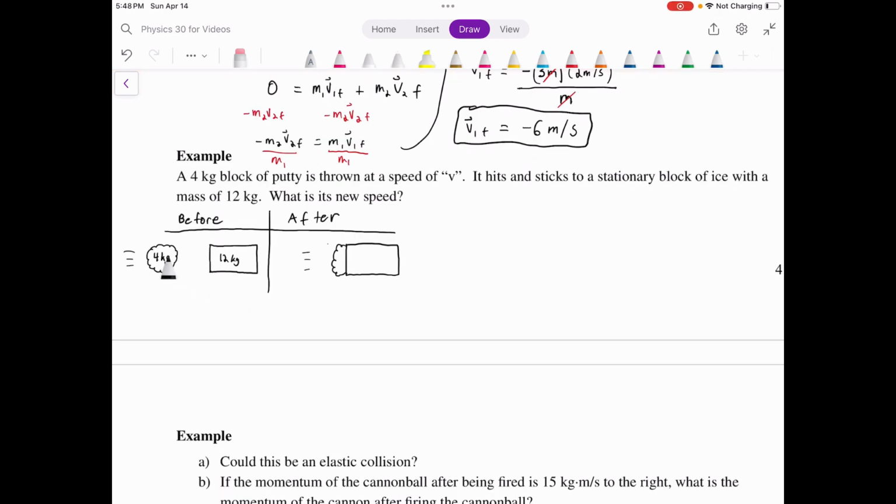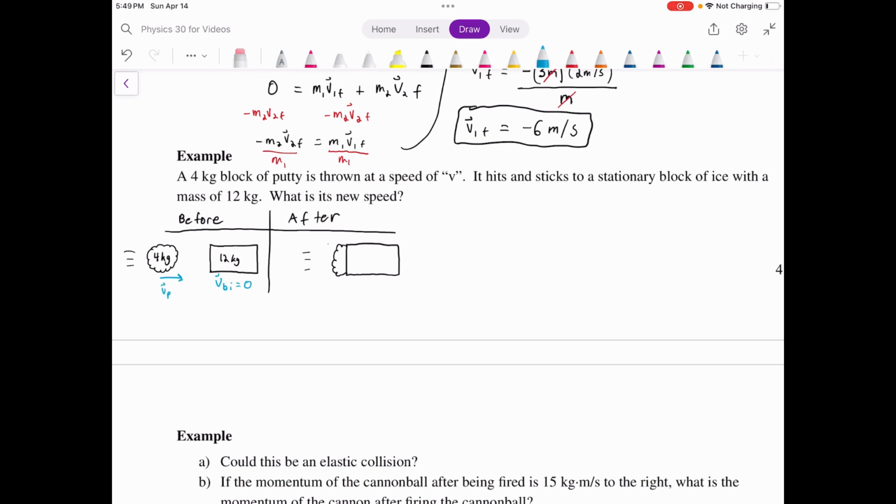So before, we've got this ball of putty being thrown at a speed of v, and it hits a stationary block of ice. So I'll say that v block initial is 0, and therefore its momentum is 0, so that's nice. Whereas our ball of putty here, we've got it moving this way. I'll say P for putty.